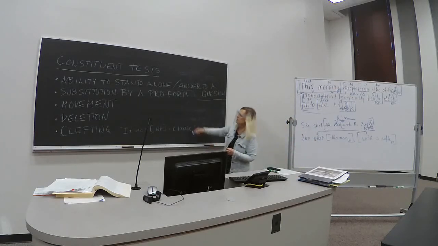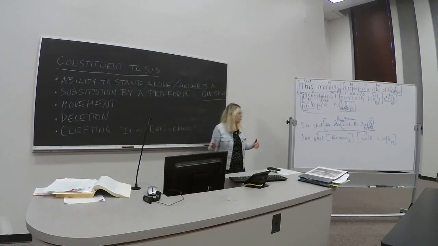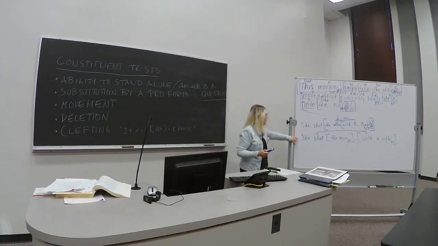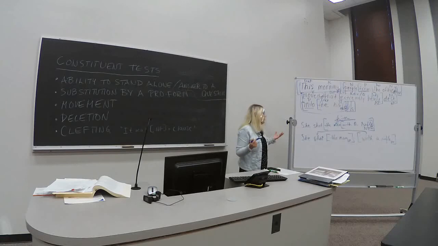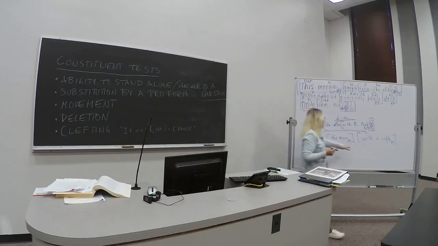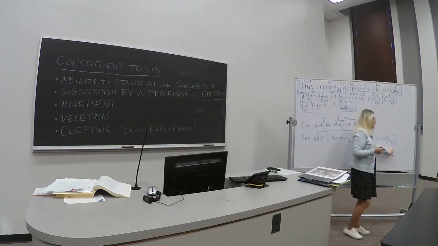Just really quickly, these are the tests you can use if you are not sure if the meaning is this or this. What is an intermediate constituent? So, ability to stand alone. How did she shoot the man? The answer would be with a rifle.